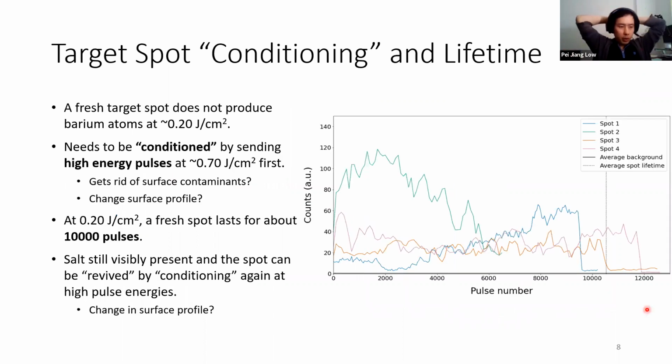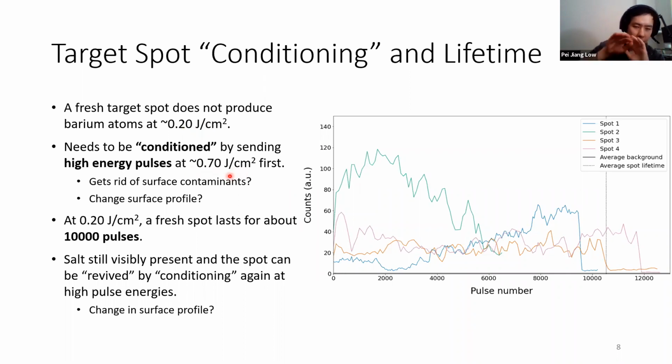We know the fluence, but actually, if you have a fresh target and you send the fluence that is supposed to generate barium atoms, you will not get any neutral barium atoms from it with this pulse energy. We find that you need to first increase it significantly to some higher pulse energy. In our case, we find it to be 0.7 joules per centimeter square.